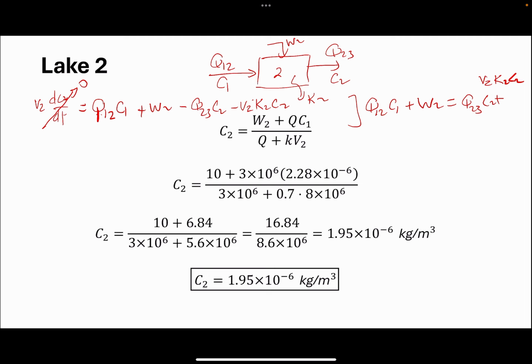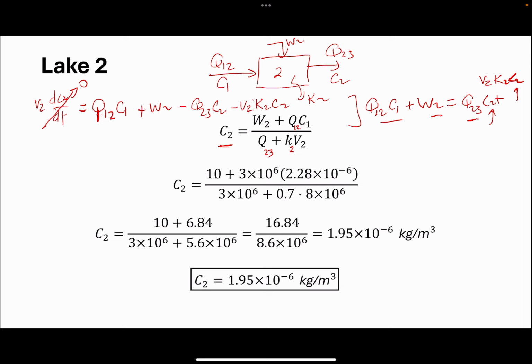So, concentration leaving lake number 2 is equal to load 2 plus Q12 times C1, divided by the flow rate Q23 plus, of course, C as a common factor, K2 volume 2.